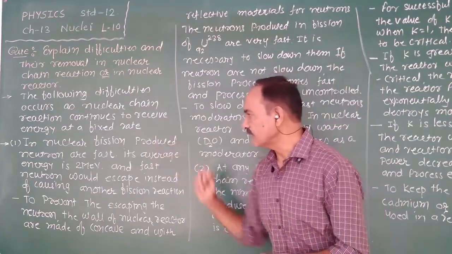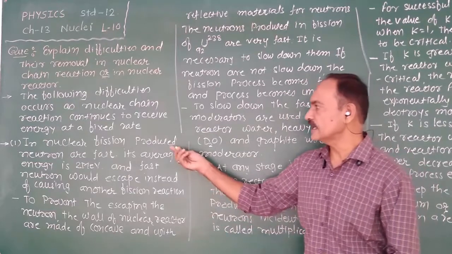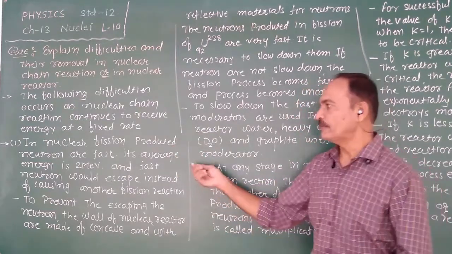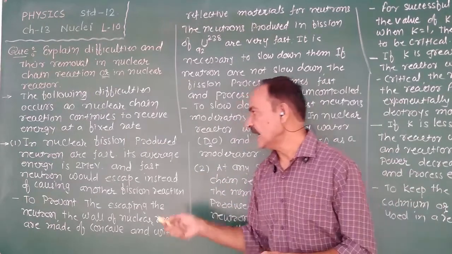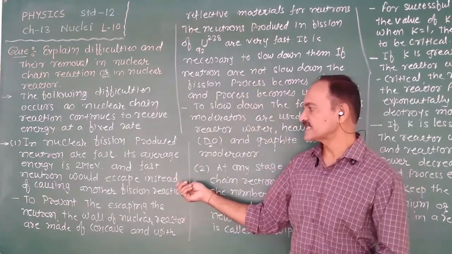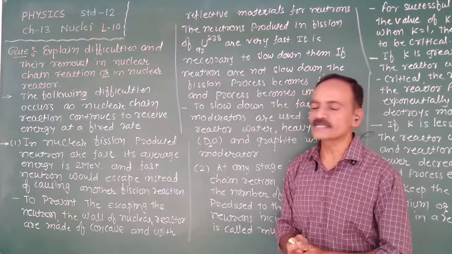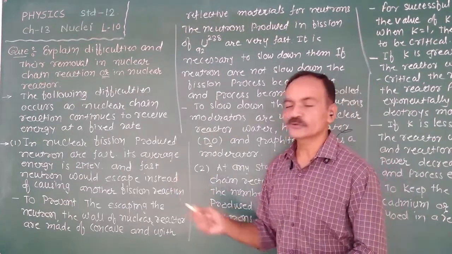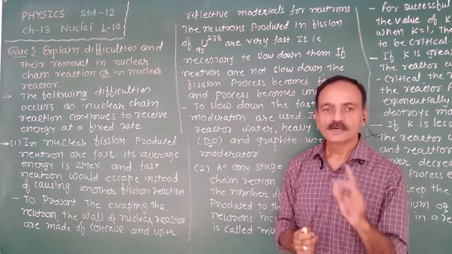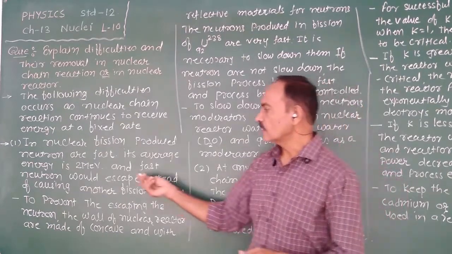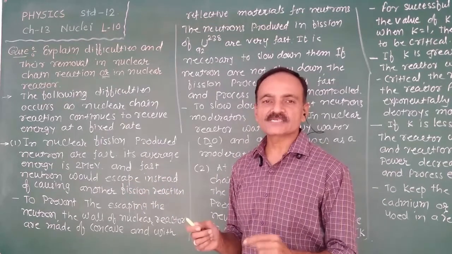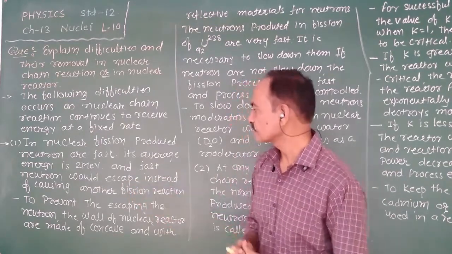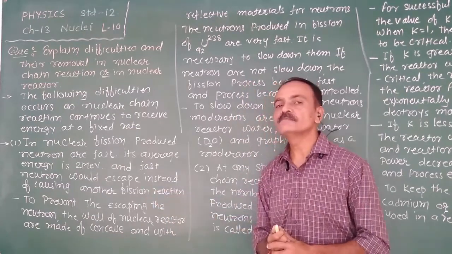First, in the nuclear fission process, the neutrons produced are very fast. Their average energy is 2 MeV, and fast neutrons would escape instead of causing another fission process. Due to the fast neutrons produced in fission, there is a greater chance that they escape from the fission material without causing another fission.